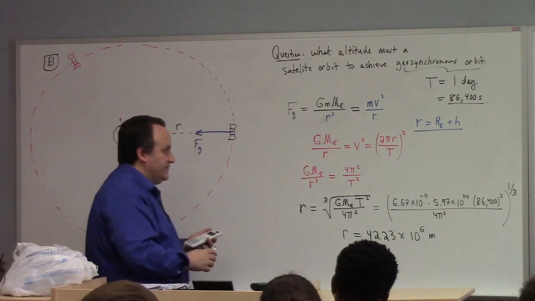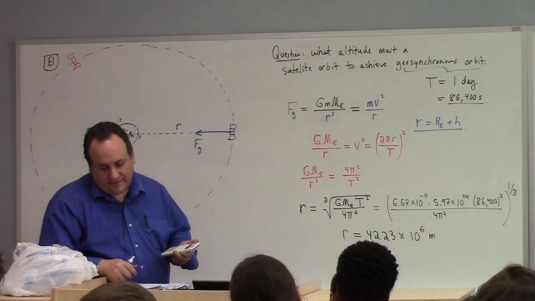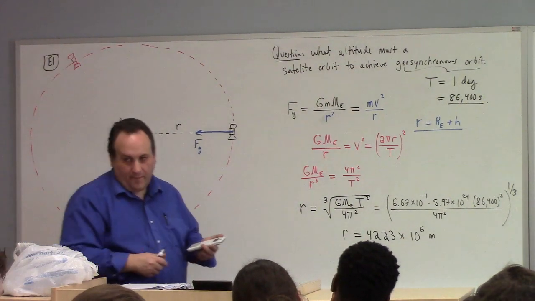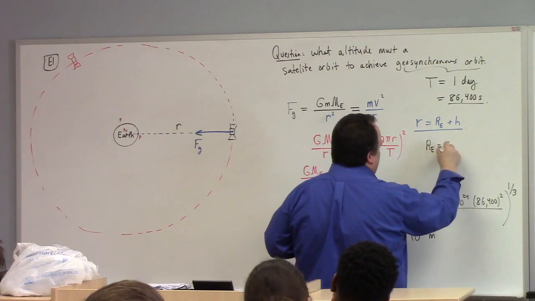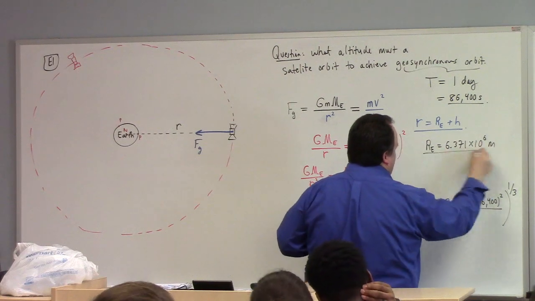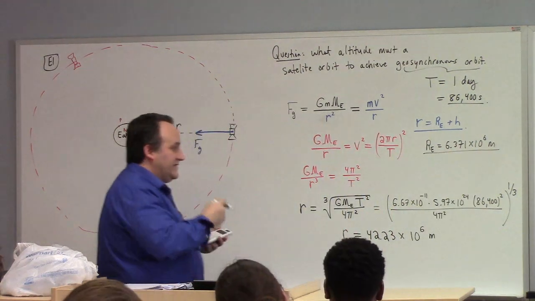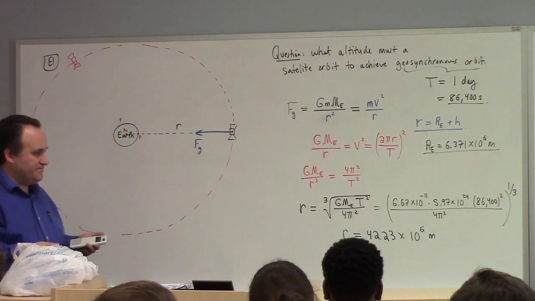Now, what was the radius of the Earth, we said? The radius of the Earth was 6.371 times 10 to the 6th meters. So about 6,371 kilometers.